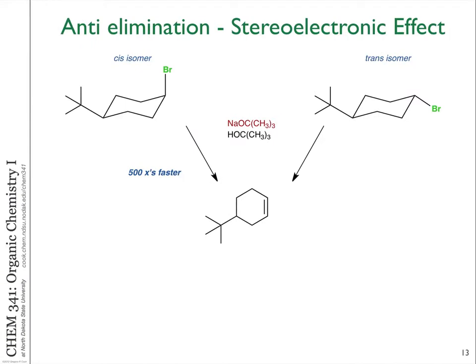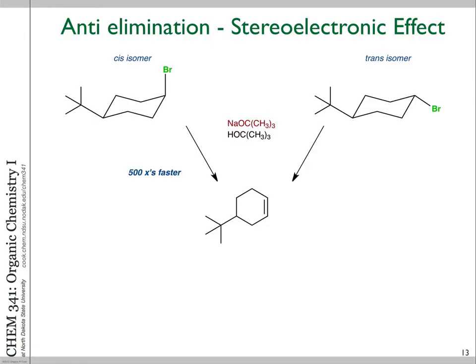So if you take a look at this example, the cyclohexane structure that I've shown here has a large group which kind of anchors that into the equatorial position. So we have this big tertiary butyl group and it's equatorial, and we have a bromine which is axial.